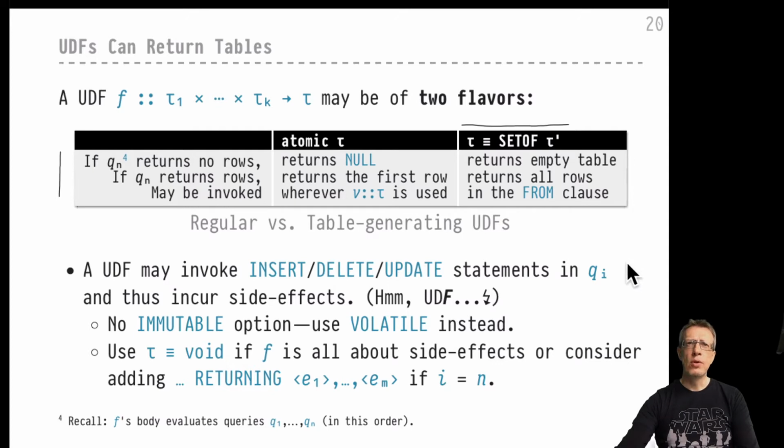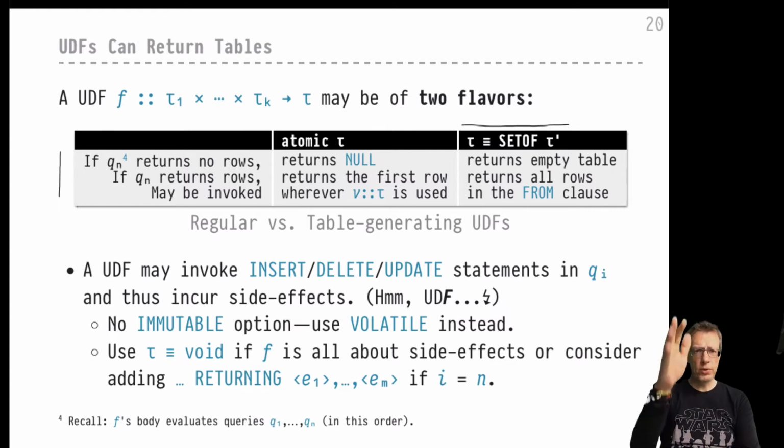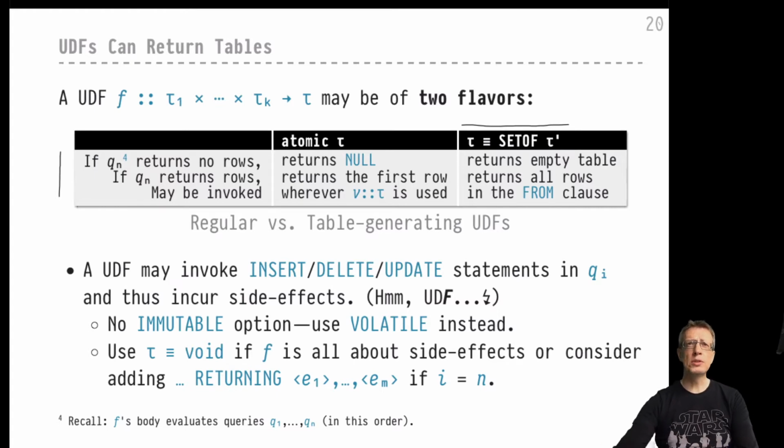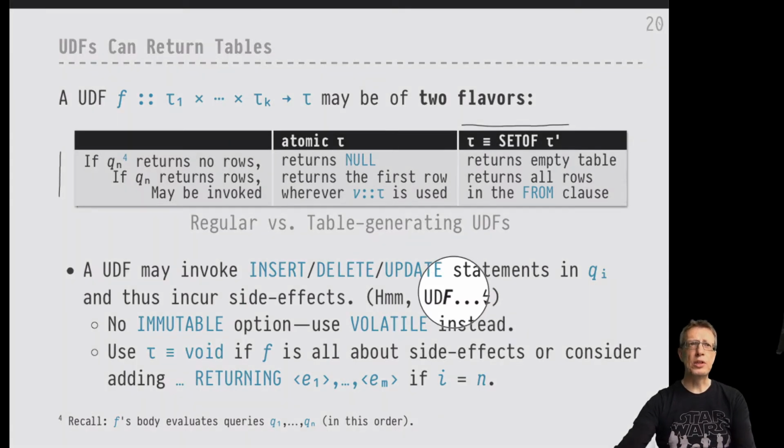As I told you, there is the possibility to have DML statements, so state-changing statements, inside the body of such a function. So let's assume that Qi, one of the queries in the sequence of SQL queries and statements inside the body, is indeed such a DML statement and invokes updates, state changes on the database. Then, of course, f, the user-defined function, is somewhat questionable.